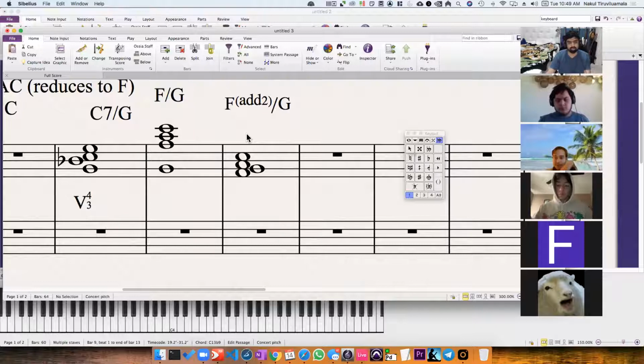Because now it's a second on the bottom instead of a third. Yeah, you know what? I think so. It is a second, but what's throwing me off is that there's an A as well. But by bringing it down an octave, it emphasizes it that much more.